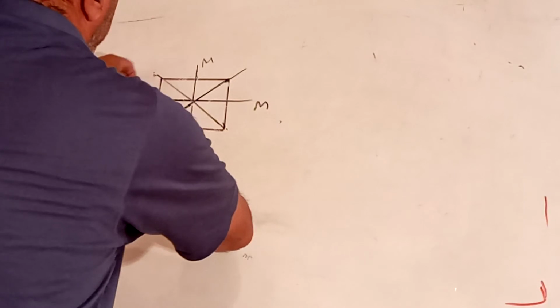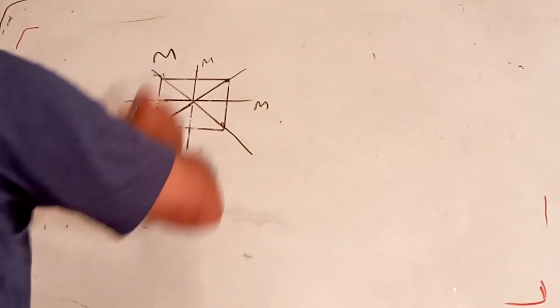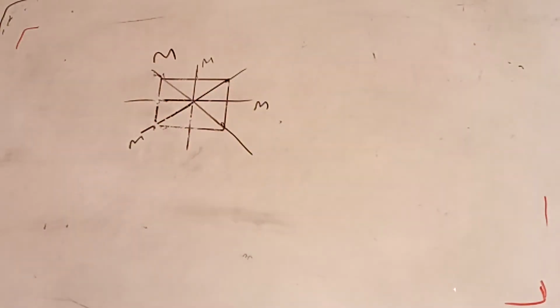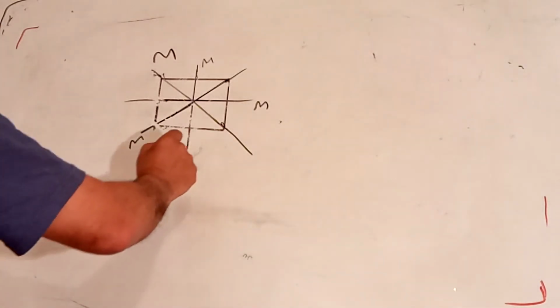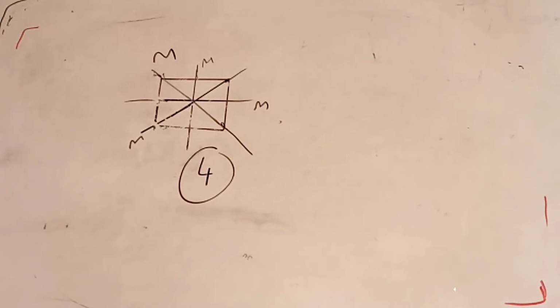Oh, that's the 4th mirror. So this is a mirror too. So how many mirrors do we have? 1 mirror, 2, 3, 4. So we have 4 mirrors, 4 lines as mirrors. Or lines of symmetry. Lines of symmetry are 4.